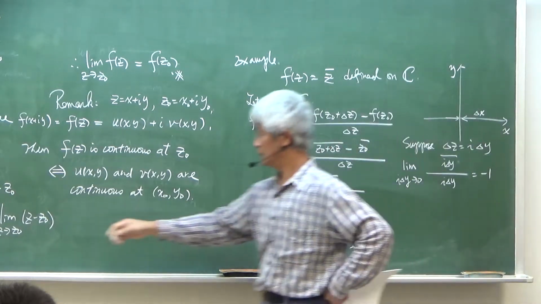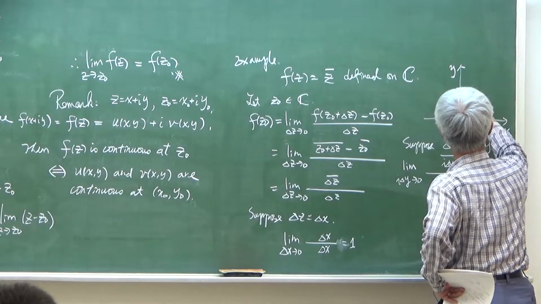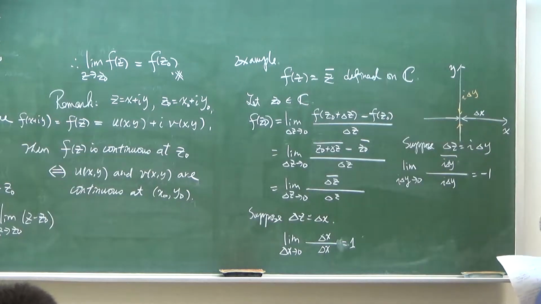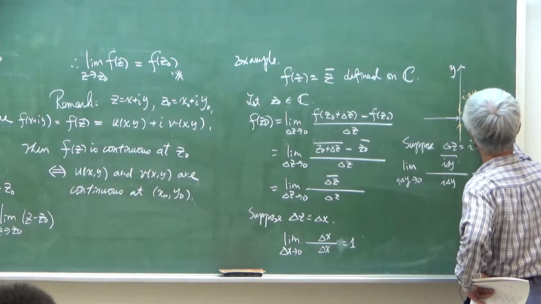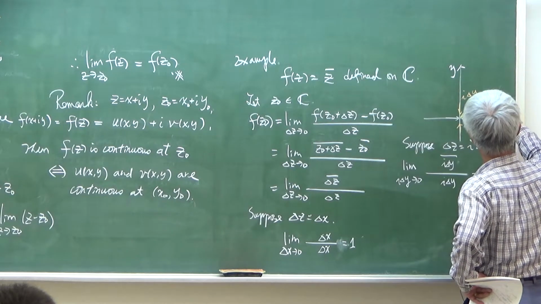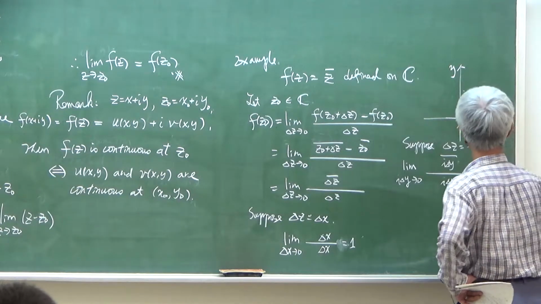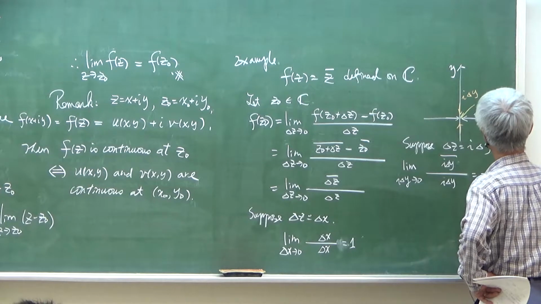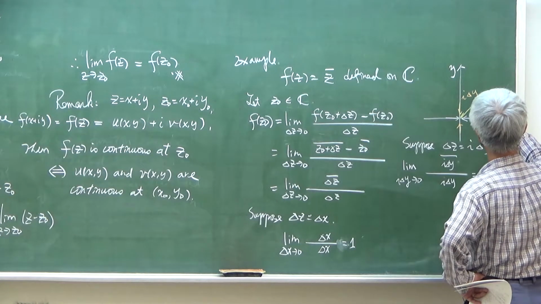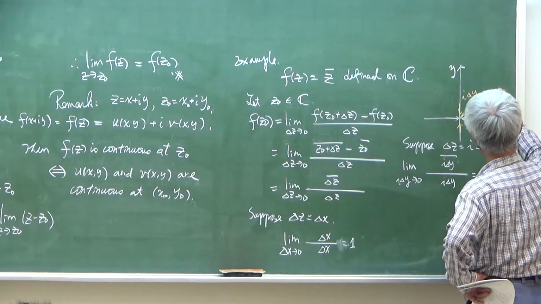But when you go from here to there, along delta y, it is minus 1. The other way is along the diagonal direction.